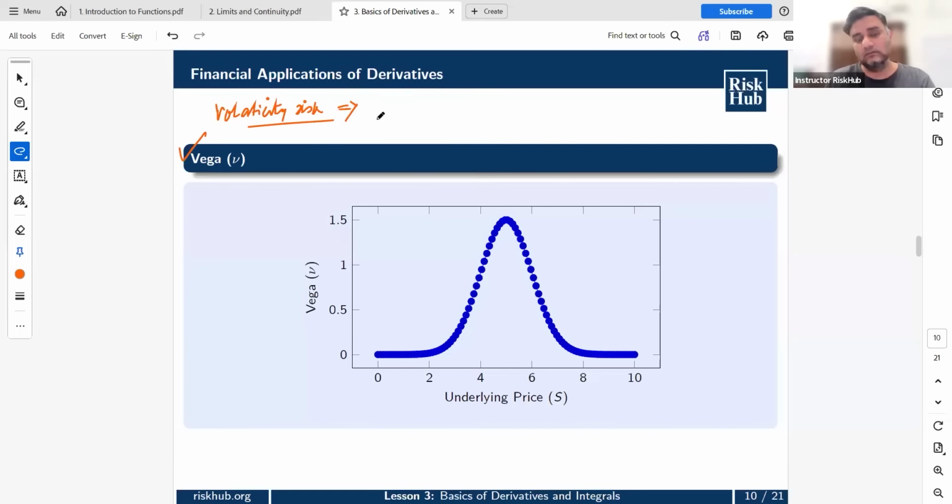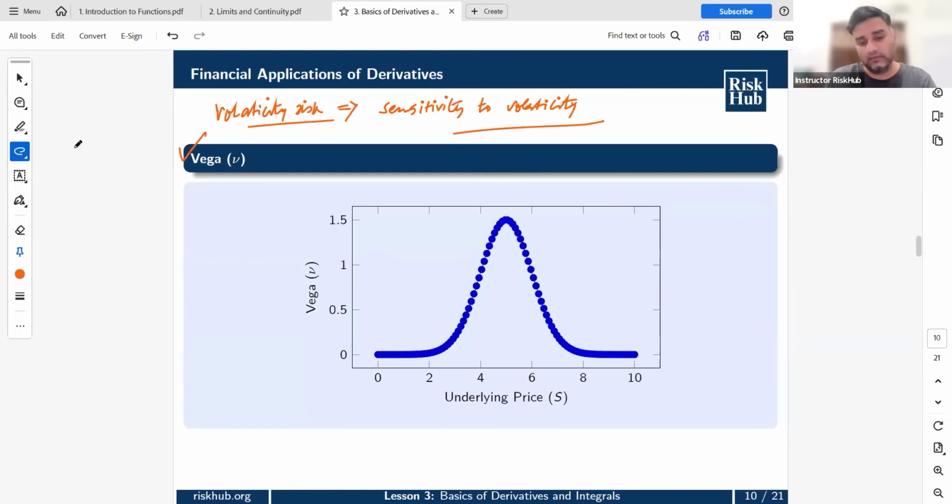These are those Greeks which are not so important, but if you are becoming a professional trader, if you are working at a desk in Goldman Sachs, HSBC, other places, you have to learn this, right? So we are introducing the volatility risk.